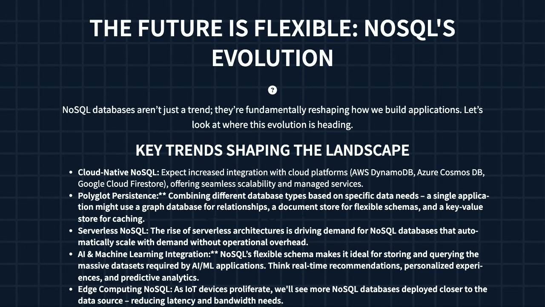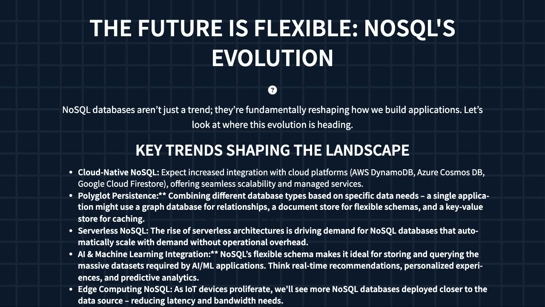Okay, let's talk about where NoSQL is headed. It's not just a fad, it's a core part of how we build modern apps. The biggest shift? Cloud-native options are becoming increasingly powerful and easy to use, with major cloud providers offering fully managed services. We'll see more applications using multiple database types, a polyglot persistence approach, choosing the best tool for each specific job.